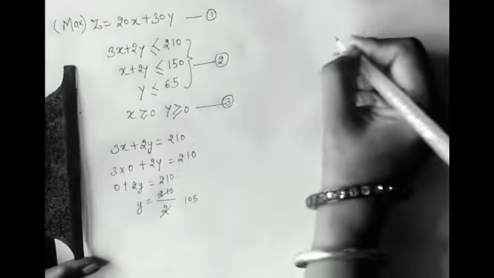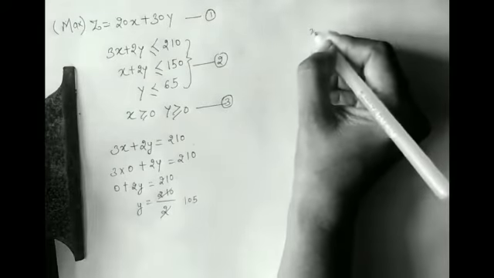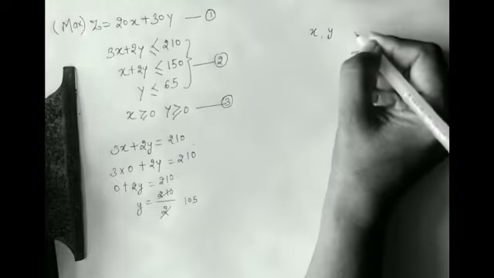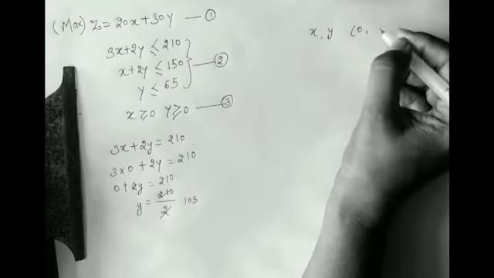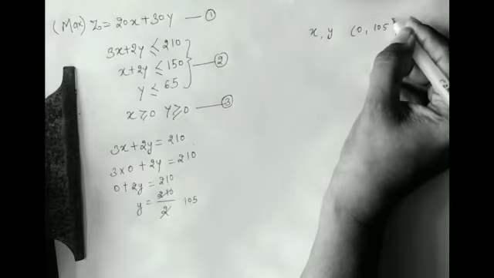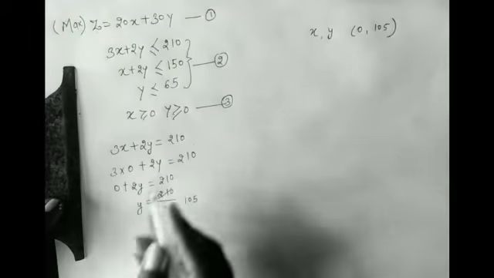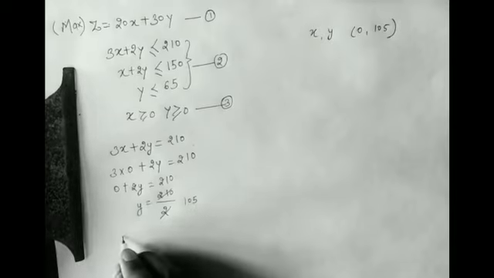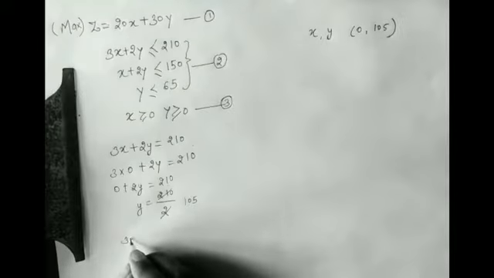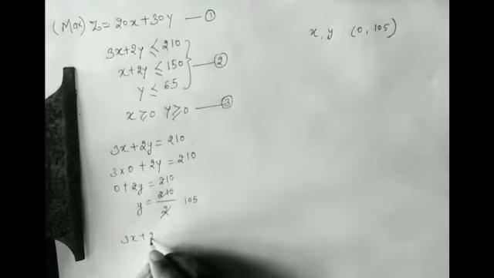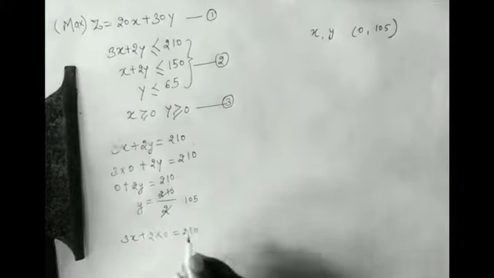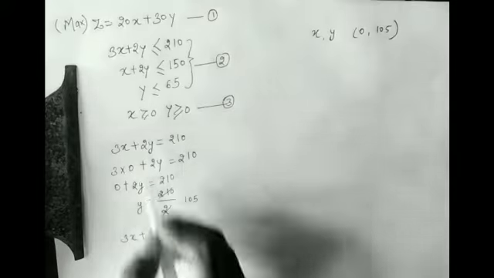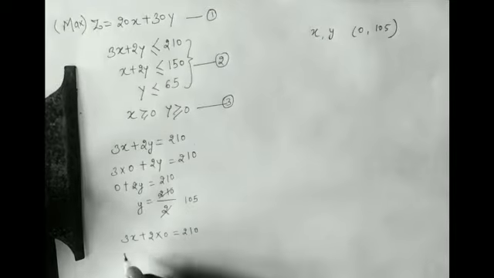So our first point is: when x is 0, y is 105. Now in the same equation, let's assume y is equal to 0. So 3x plus 2 into 0 equals 210. We are putting y equals 0.